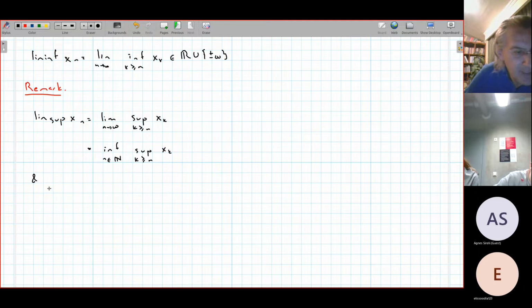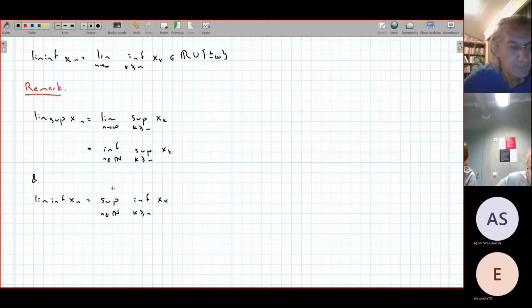And in a similar way, you can also show that the liminf of xn is the supremum of the infimum. These are consequences of the fact that these sequences, this one and this one, are monotone.